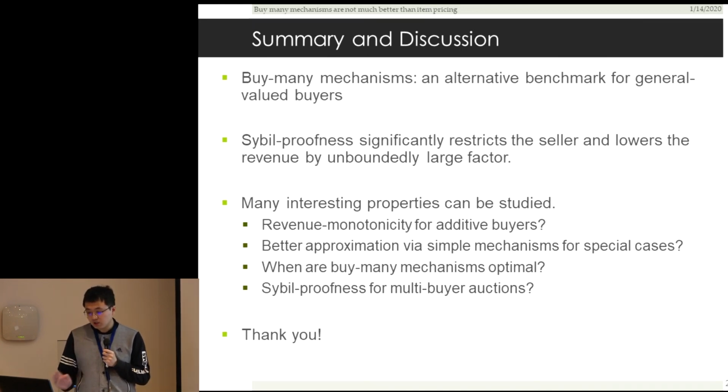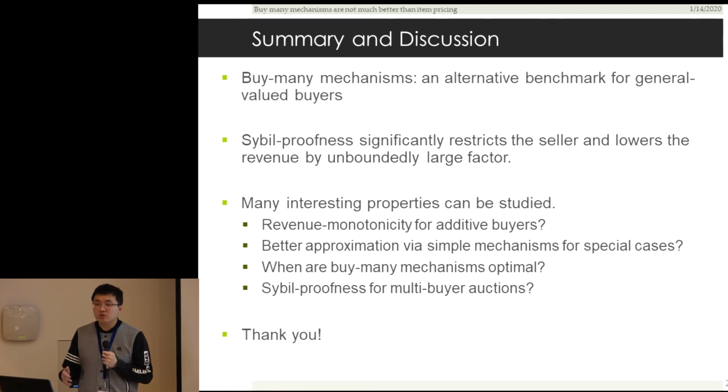And there are many more interesting properties that can be studied. For example, some properties for the non-bi-many maxims, for example, revenue monotonicity, or some better approximation results via simple mechanism for a special case, for example, for a single additive buyer with independent item values, can you get some better result?